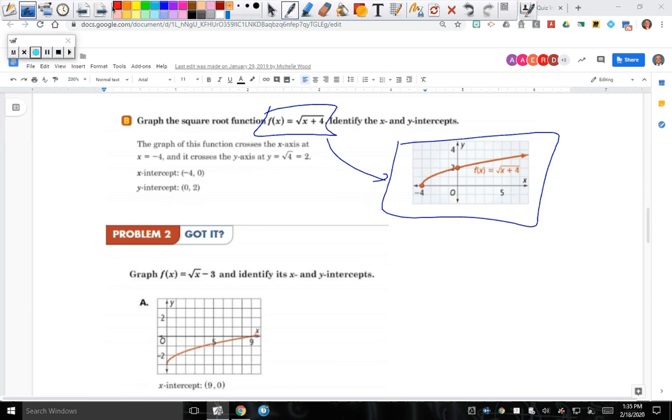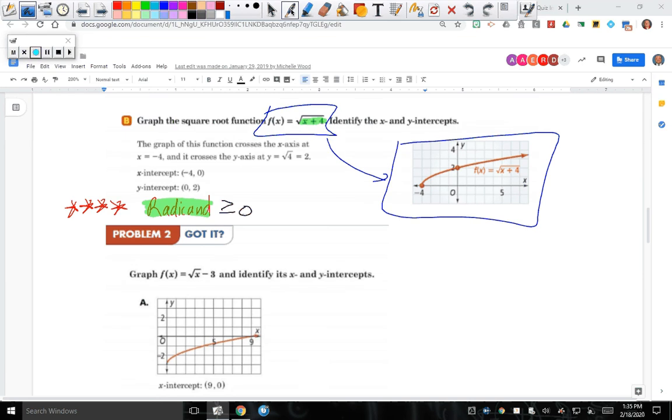Now here's a rule, a little shortcut. A lot of people forget to use it, but it's useful the way you're tested for the rest of your math throughout high school. When you see a square root, and this only works with square root, it doesn't work with anything else, whatever you see as the radicand, set it greater than or equal to 0 and solve for x. So the radicand is the thing underneath the radical.